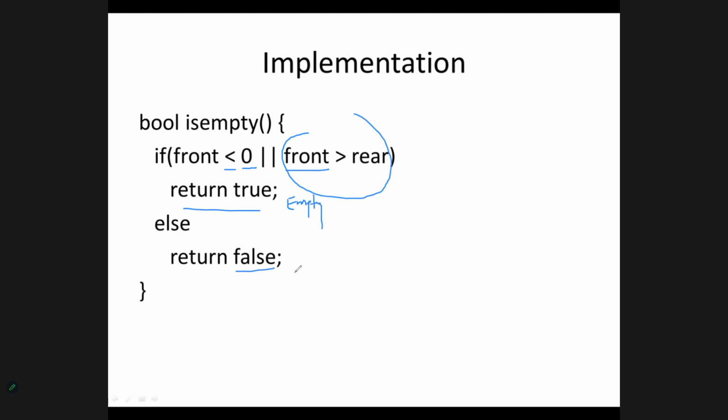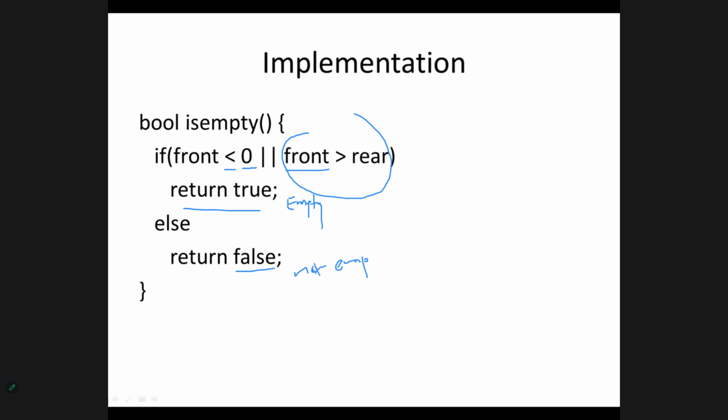If not, it is not empty. Okay, this is the C implementation of the is empty operation of the queue.